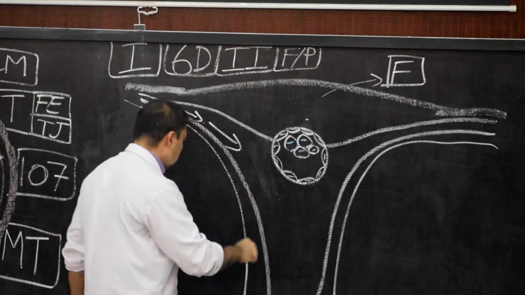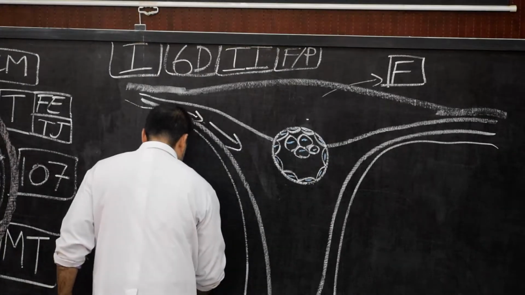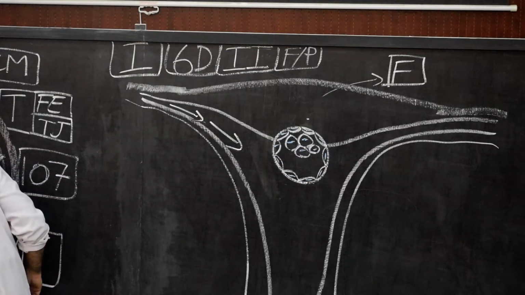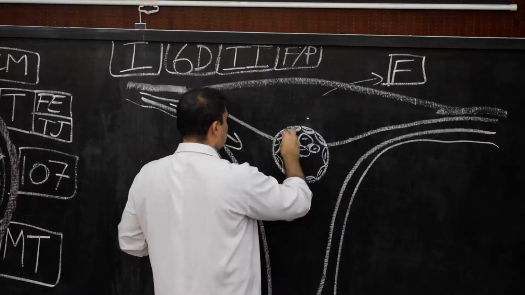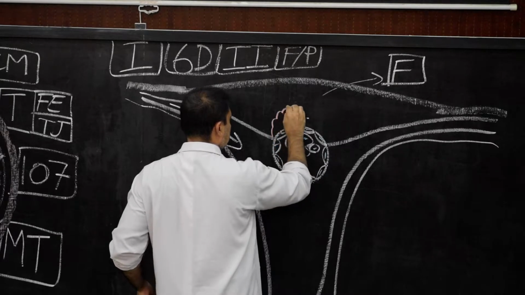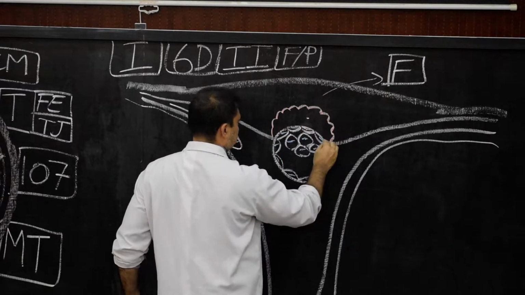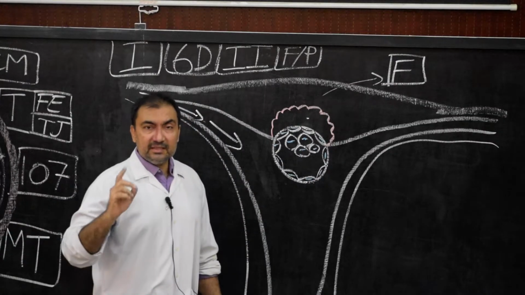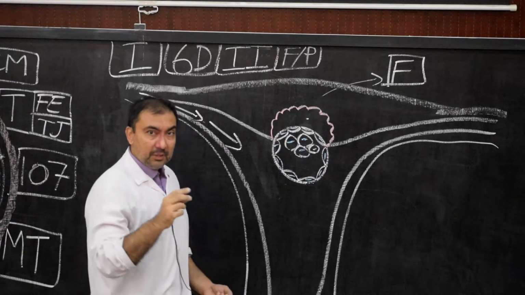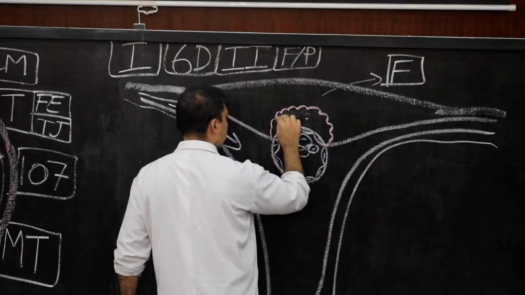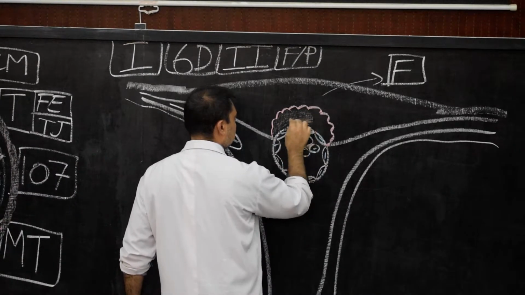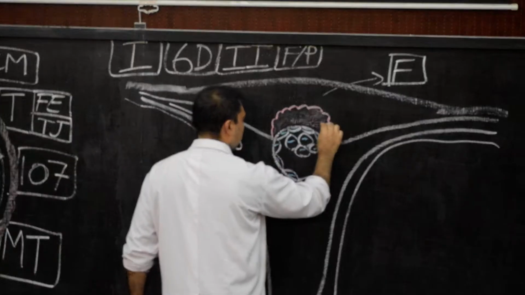So the outermost layer will function as syncytiotrophoblast. I am putting in some color and drawing this as syncytiotrophoblast, the outermost layer of the trophoblast.